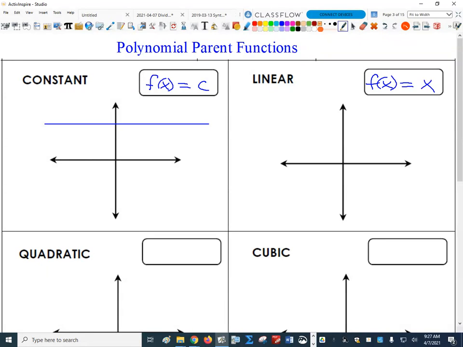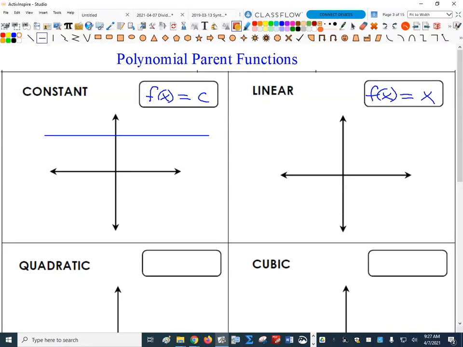But the most basic would just be f of x equals x. And remember that's just going to be a line through the origin, right? Oh, come on, don't quit on me here. There we go. Okay. With a slope of 1, so that's probably close enough, right?